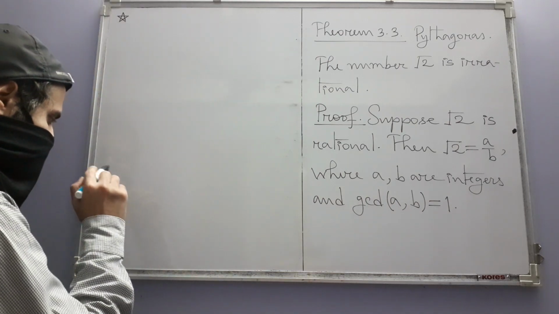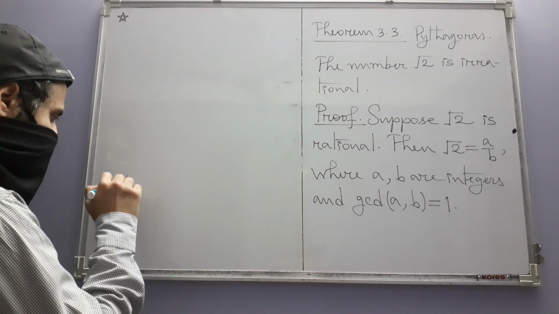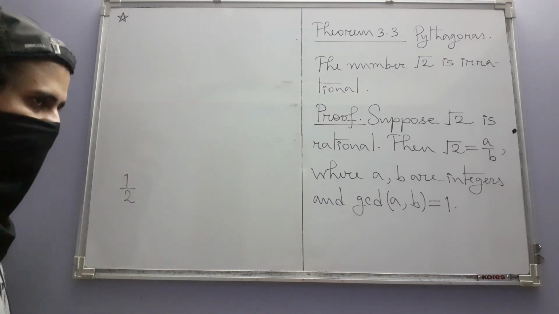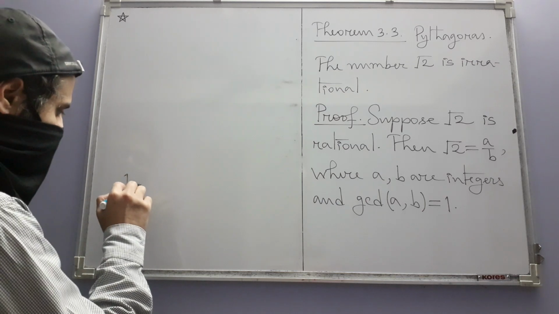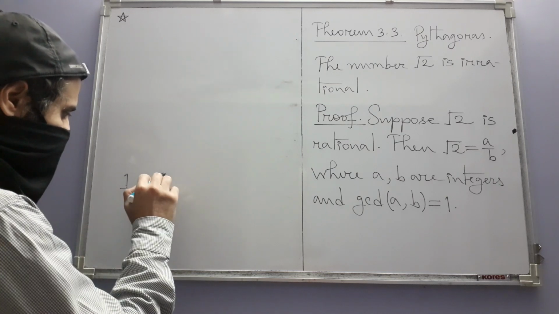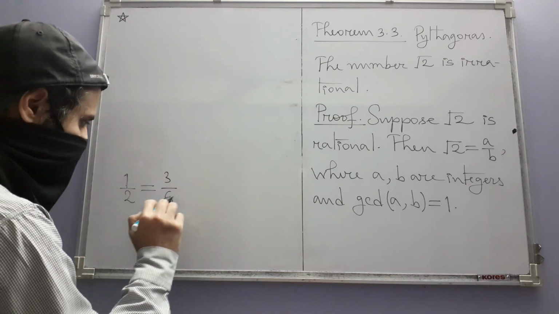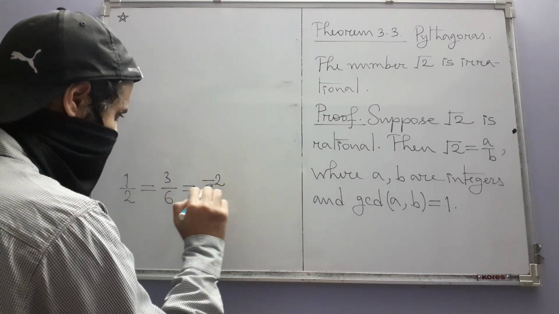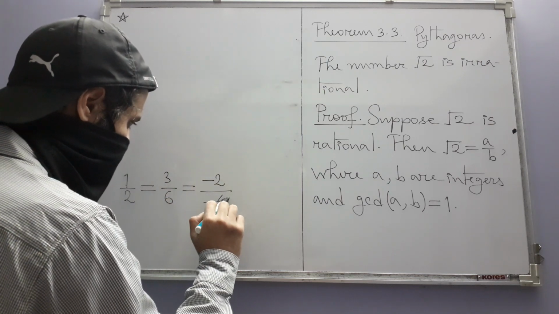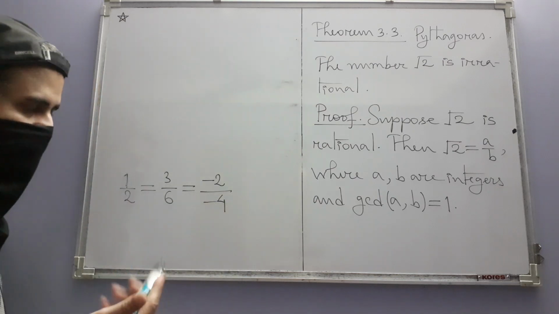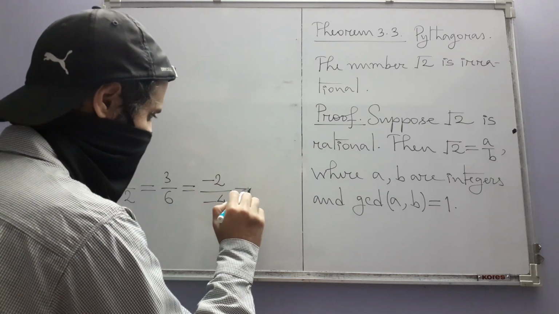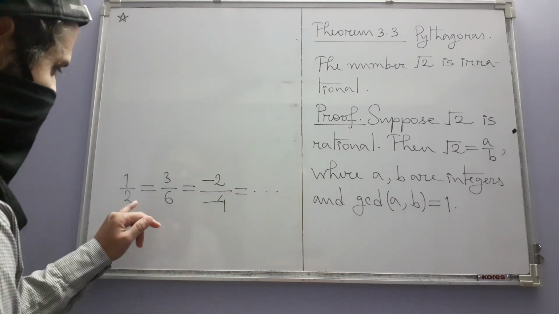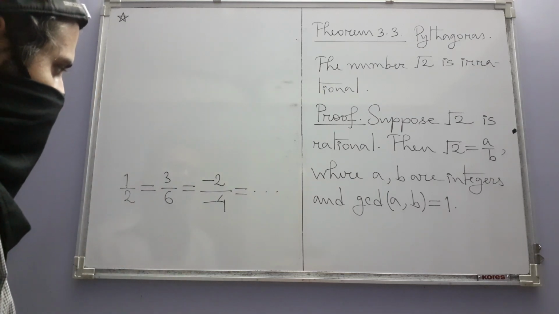Let me just take a very simple example. You have this rational number 1 over 2. In its place, you can also write 3 over 6 or minus 2 over minus 4. You can write as many as you like, infinitely many different representations for the same rational number.